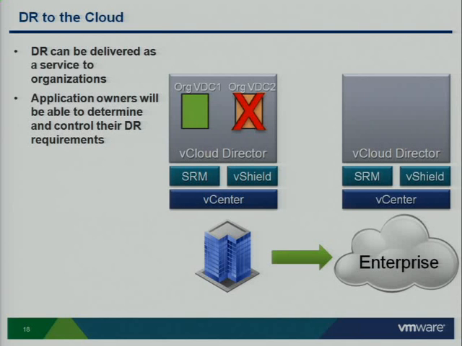So if I lose, in this case, the entire data center, it will automatically move to that central service on the right and restore them. The benefit of where we're moving is to remove the amount of work needed to set up DR. Today, when you provision a virtual machine, in the past you would hand provision it, then we gave you templates. Now vCloud Director gives you self-service provisioning.